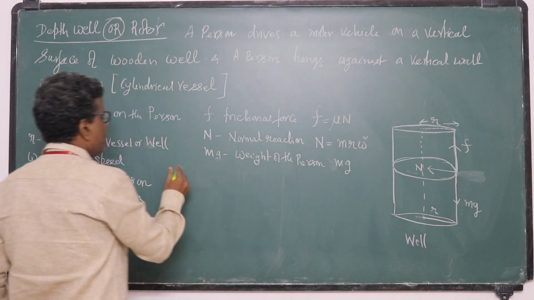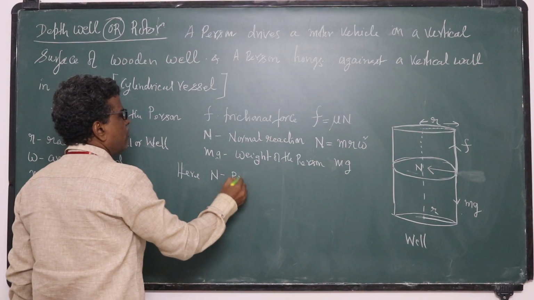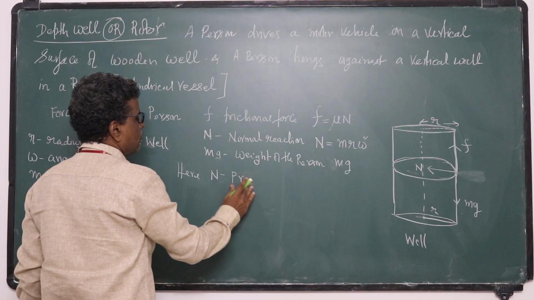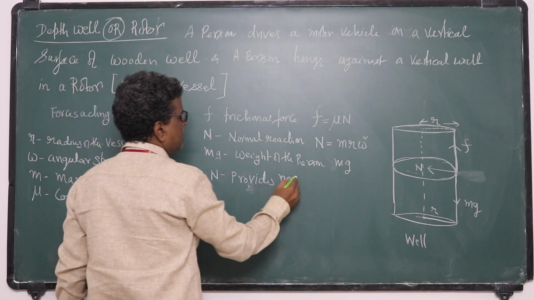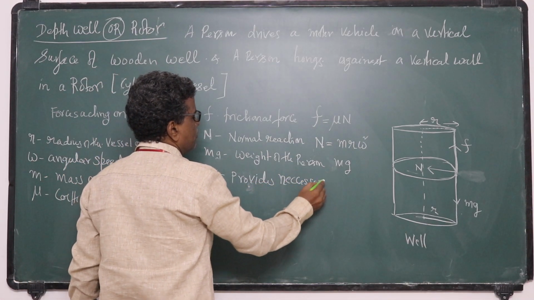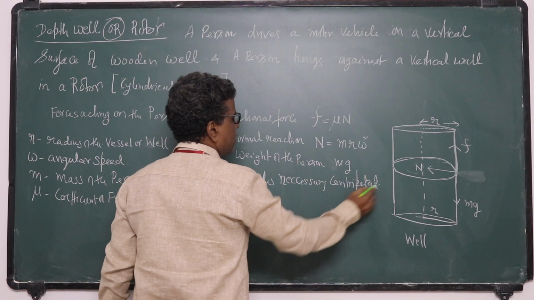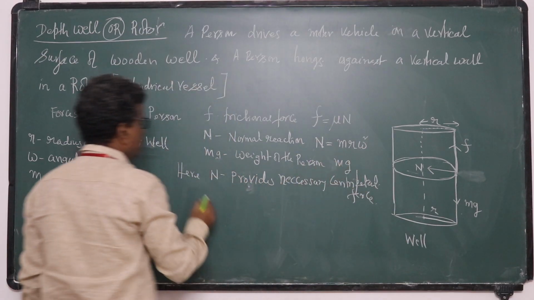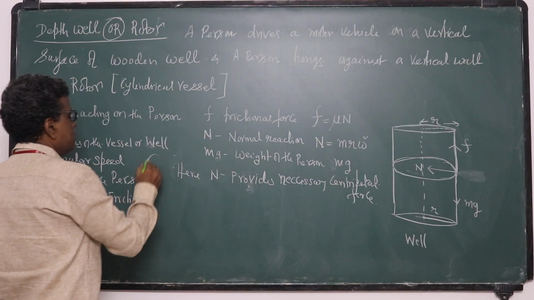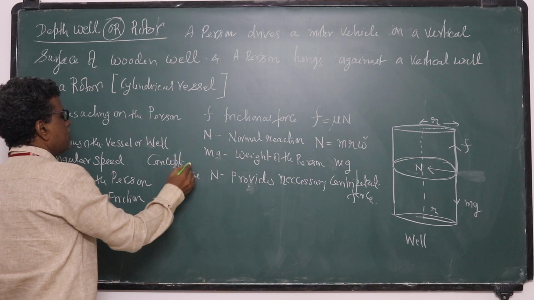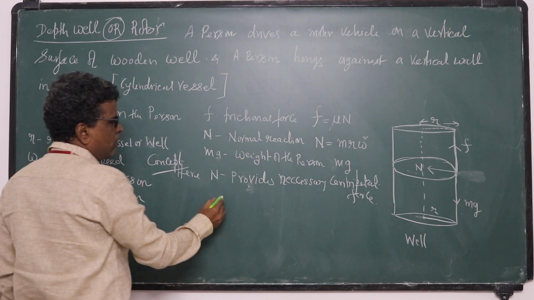The normal reaction N provides the necessary centripetal force. So that is the concept involved. So N balances with m r omega square.